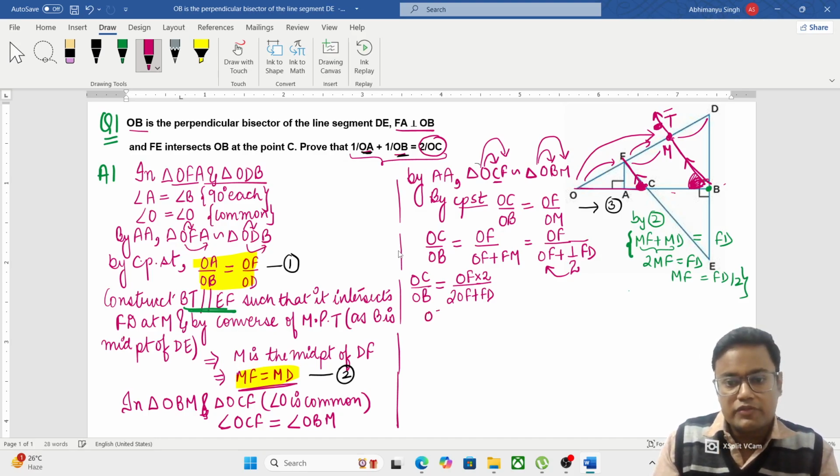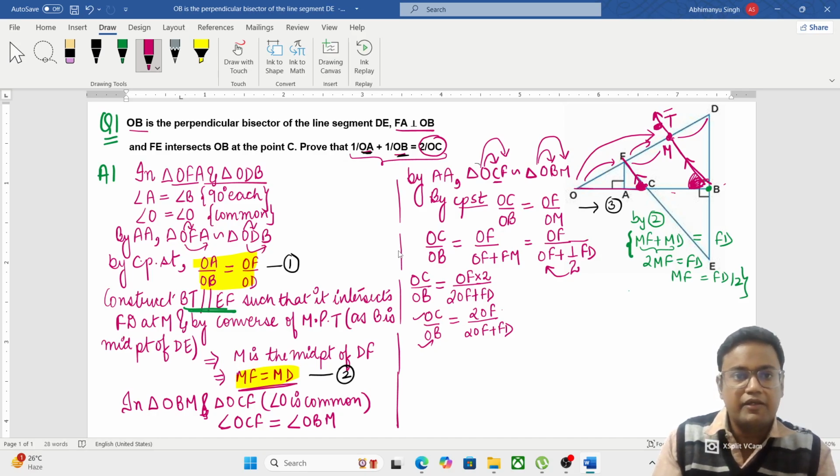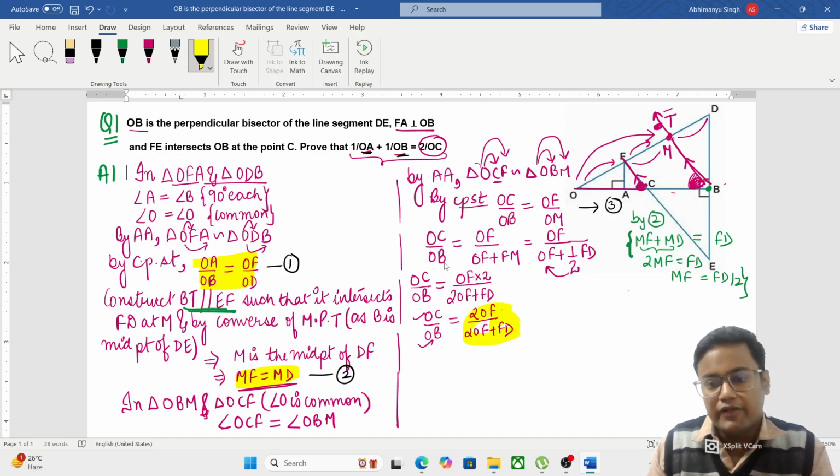So now OC upon OB will be written as twice of OF upon twice of OF plus FD. See children, we only want OC, OB and OA, but we have OF and FD lying here. You can see OF and FD, but we do not want OF and FD.